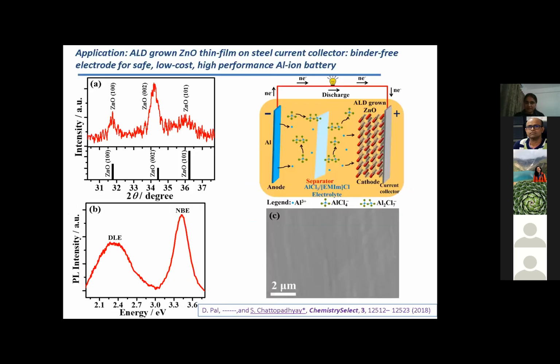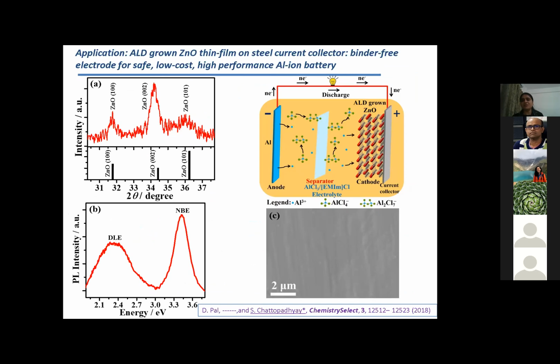Now, the next step after standardization: we have deposited the films on the steel at different thicknesses, around 20 to 50 nanometers. We cross-checked which will be the optimum within that range. So you can imagine that it is very thin.